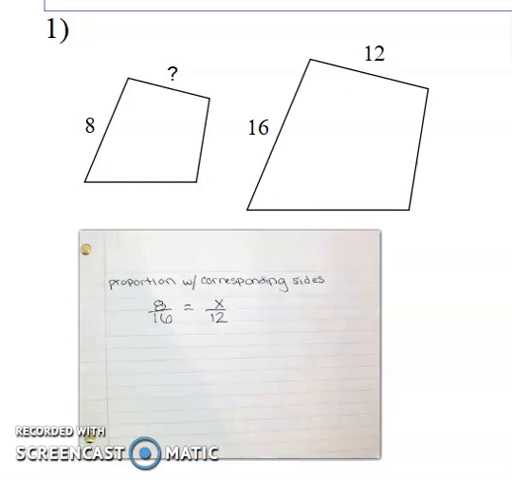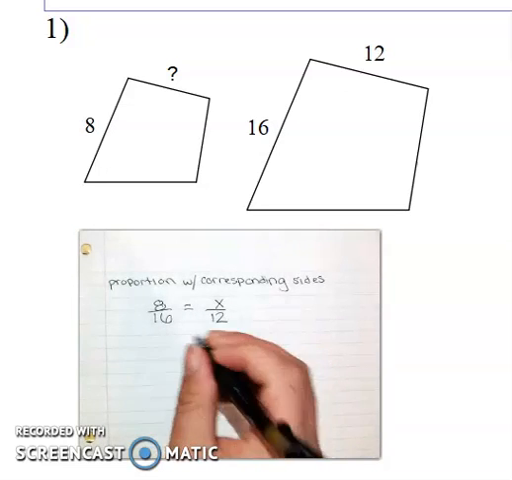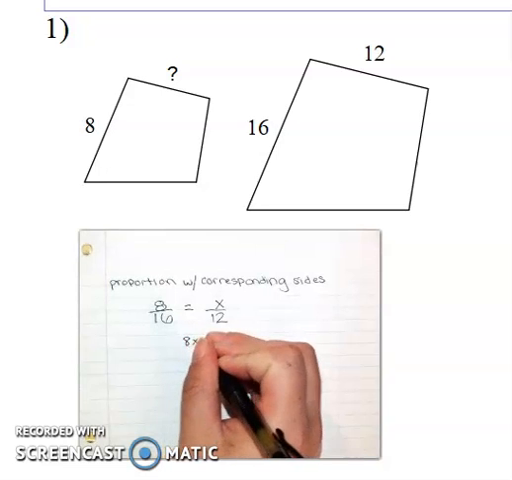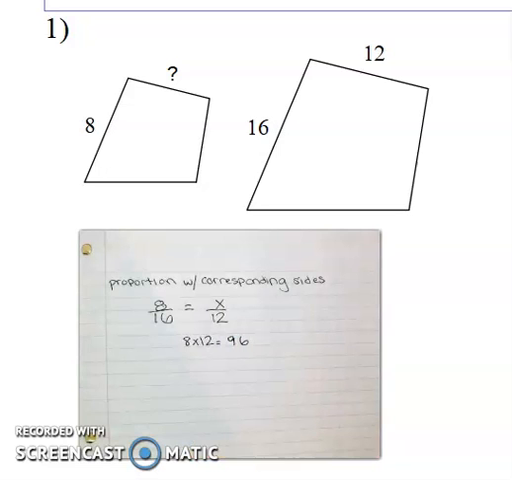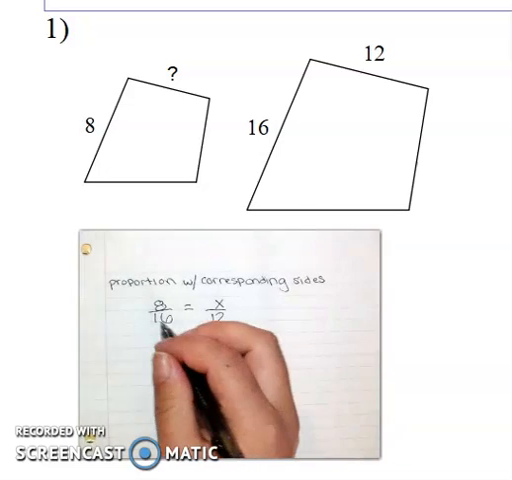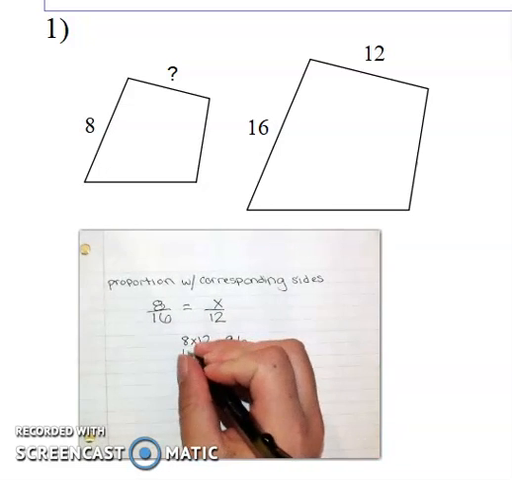Now, multiple ways you could look at this. I'm going to show you what I consider to be the surefire way, or the way that's really hard to mess up, and we call it cross multiplication and division, or the butterfly method. So I'm going to multiply 8 times 12, which equals 96, and then 16 times x, which is 16x.